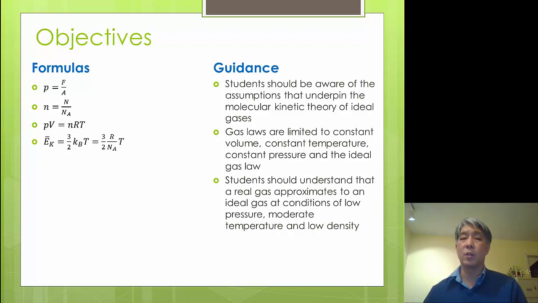That's the important part in this one, Kelvin. The fourth equation is Boltzmann's equation that says the average kinetic energy is proportional to temperature, and the formula is given there.